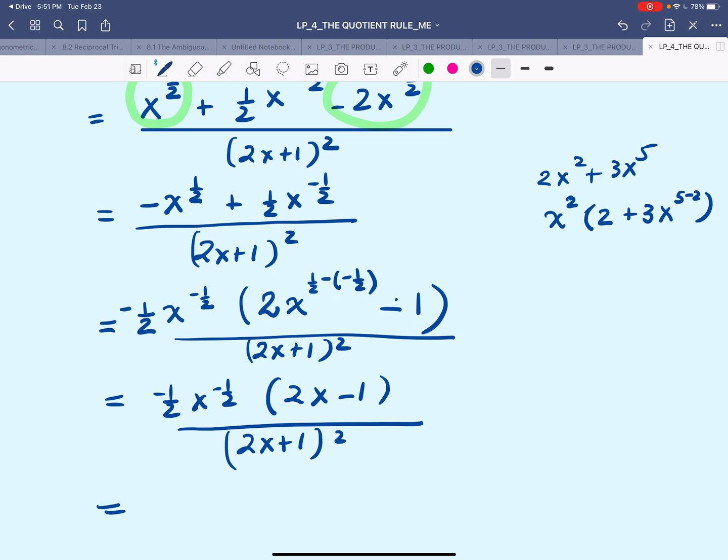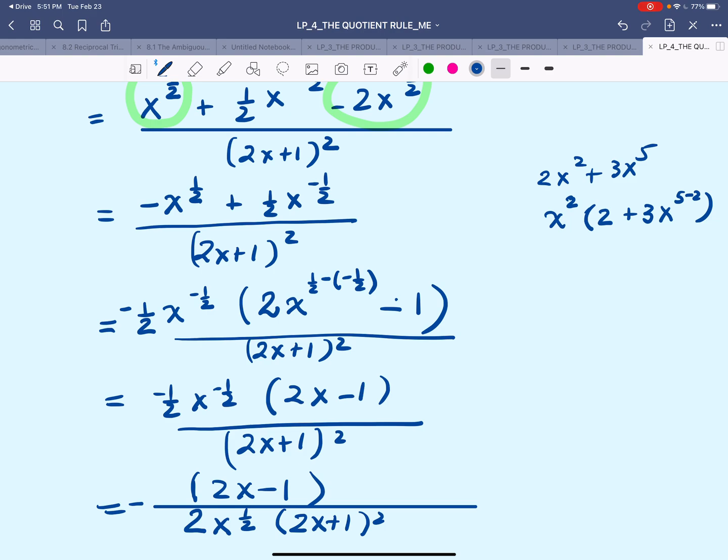And we will rewrite the expression now with no fractions inside fractions, right? So we're going to write the negative in front, 1 over 2. X to the power negative half will come to the denominator, become positive. Denominator also has 2x plus 1 squared. And numerator has 2x minus 1. And this will be the answer.